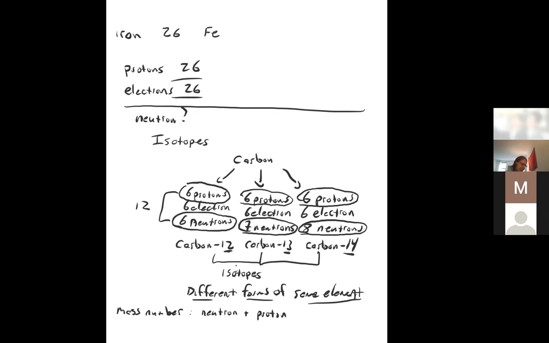So let me show you an example. It's very simple. In the ALEKS problem, they ask how many protons and how many neutrons are in one atom of, and then they give you the symbol, Ag 109.